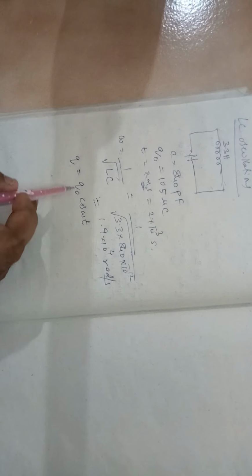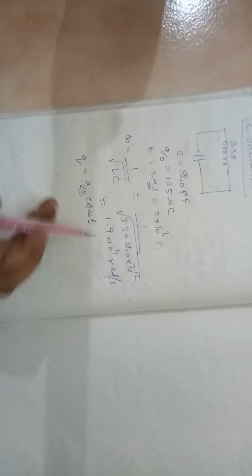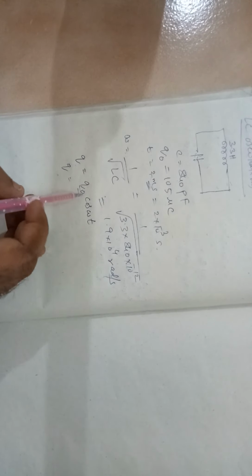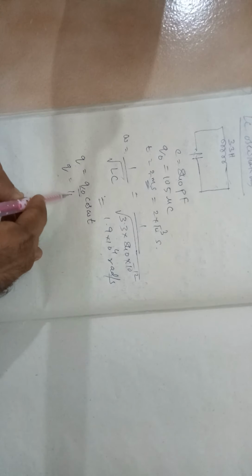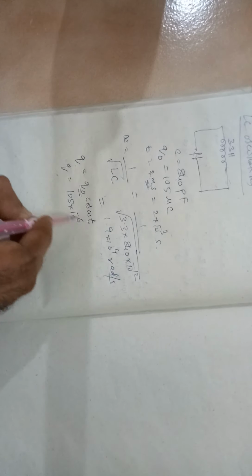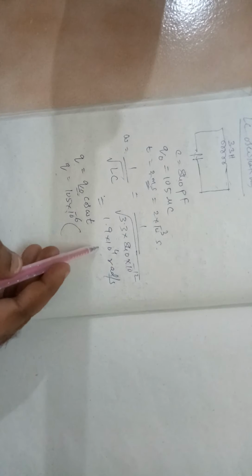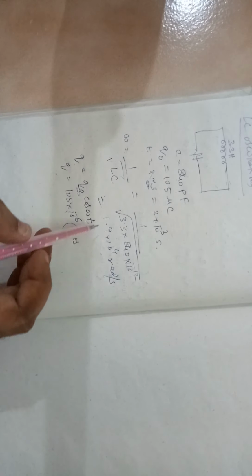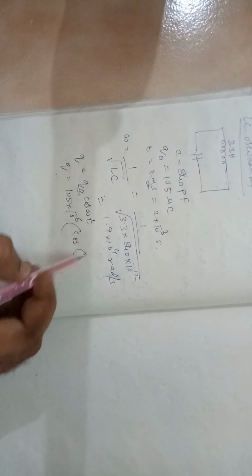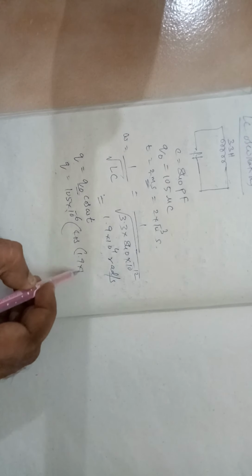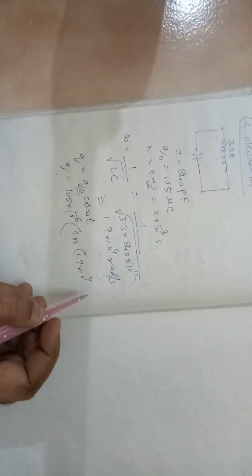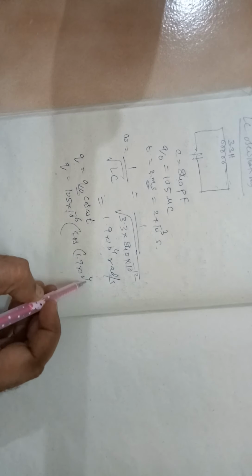We need to put it over here. So Q is equal to 105 into 10 to the power of minus 6, that is Q0. Micro means 10 power minus 6, into cos of omega. Omega we have just found out, 1.9 into 10 to the power of 4, into 2 into 10 to the power of minus 3.